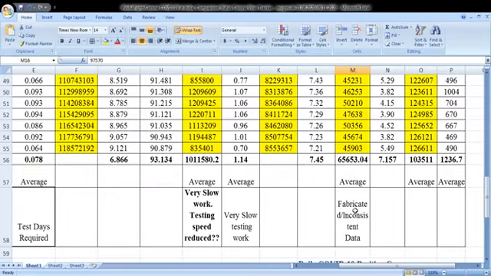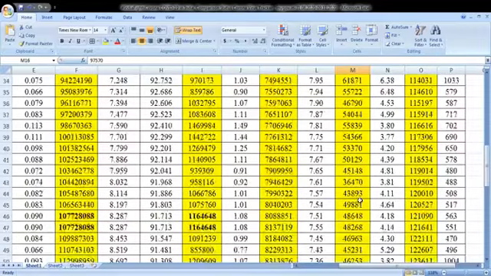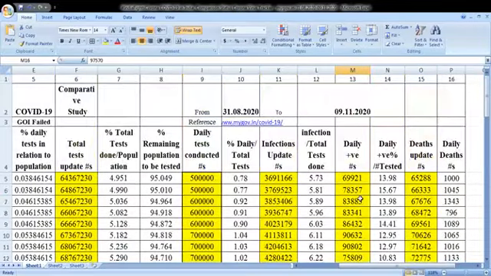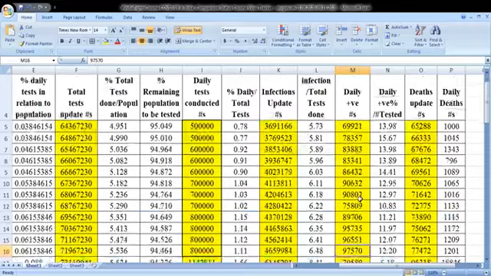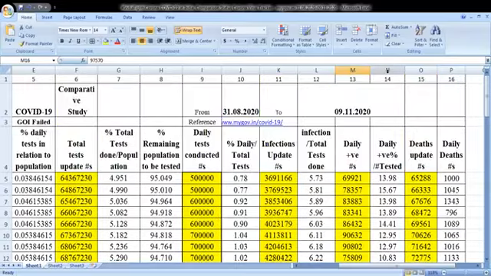So if I say fabricated, in the sense that they just want to show that fewer people are testing positive, that's not our aim. You can also see that in this.